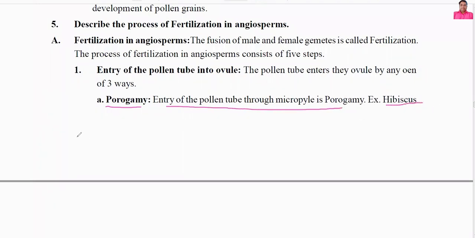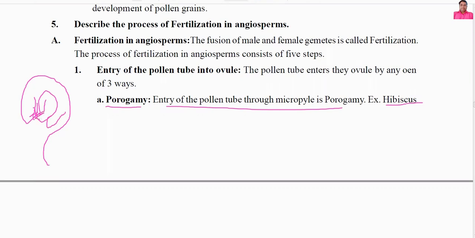Example, hibiscus. Now I will draw the diagram. This is the ovule, and this is the embryo sac. Here the egg cell is there.